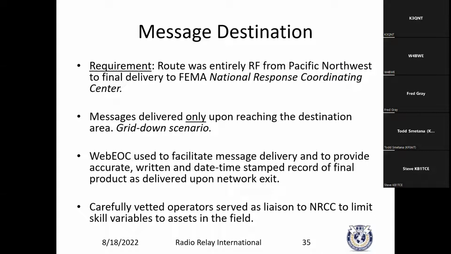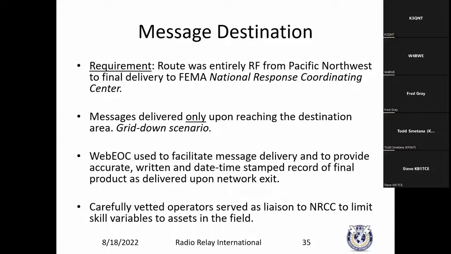And again, we were interested essentially in what happened when those messages arrived and were delivered from the 3RN, third region, which would be the Philadelphia area. So the Philadelphia area was where the messages were received and then injected into the data stream at the National Response Coordination Center. And again, as a control, we made sure that the radio operators performing this function had the necessary skills.